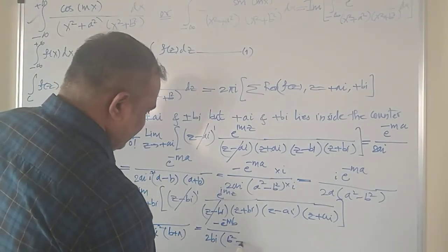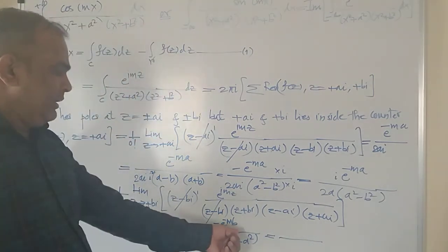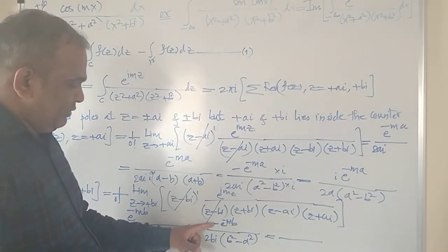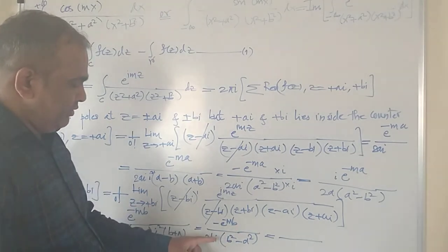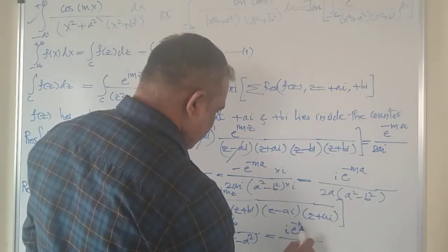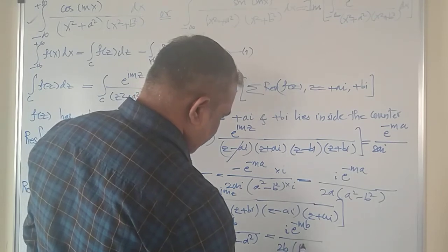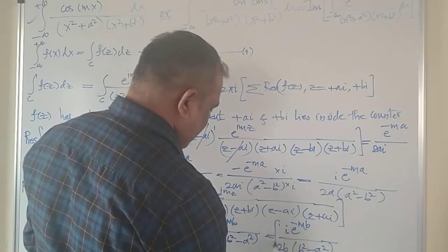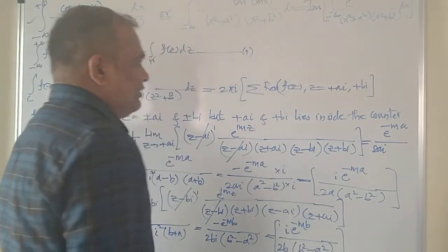Here you will write b squared minus a squared. Simplify more by multiplying i to the numerator and denominator. That will give you this sign positive. Here i and this i squared is negative, negative will be positive, and you will be left with i e raised to minus πm b divided by 2b into (b squared minus a squared), right? So this is the second residue. This is the first residue, and this is the second residue.